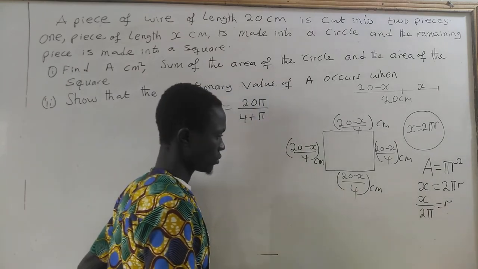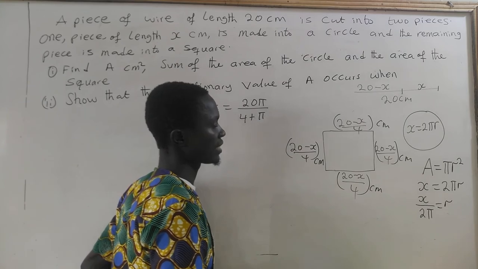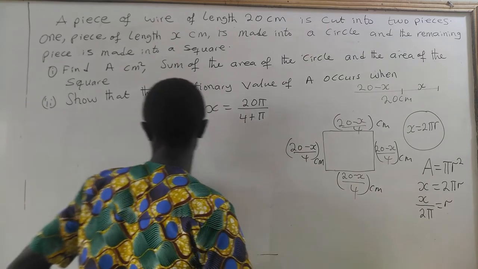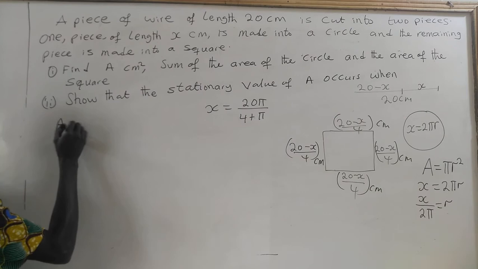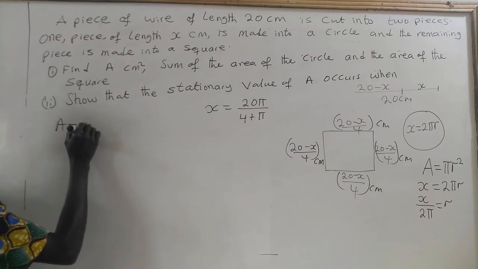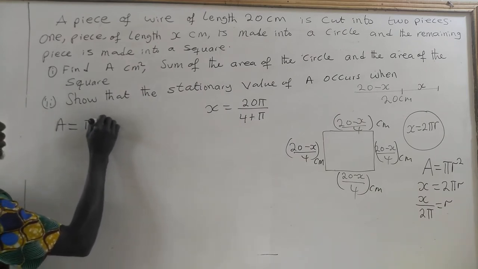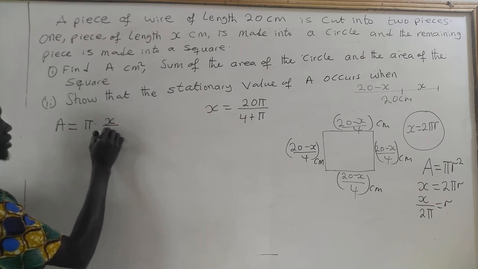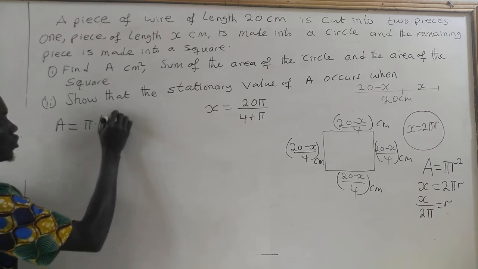Very simple. So now we can say that the area of the circle is equal to pi times x divided by 2 pi, all squared.